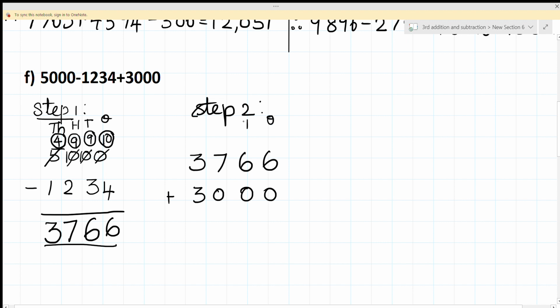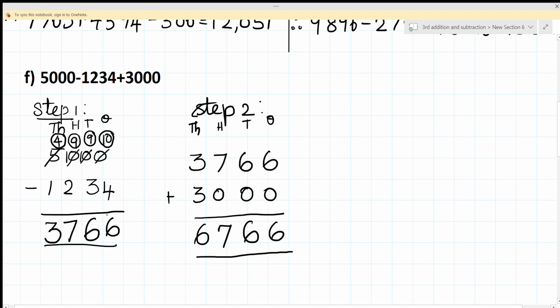Before that, write down the place values. Yes, now we can start. 6 plus 0, it is 6. 6 plus 0, again it is 6. 7 plus 0, it is 7. 3 plus 3, it is 6. Yes, we got the answer.